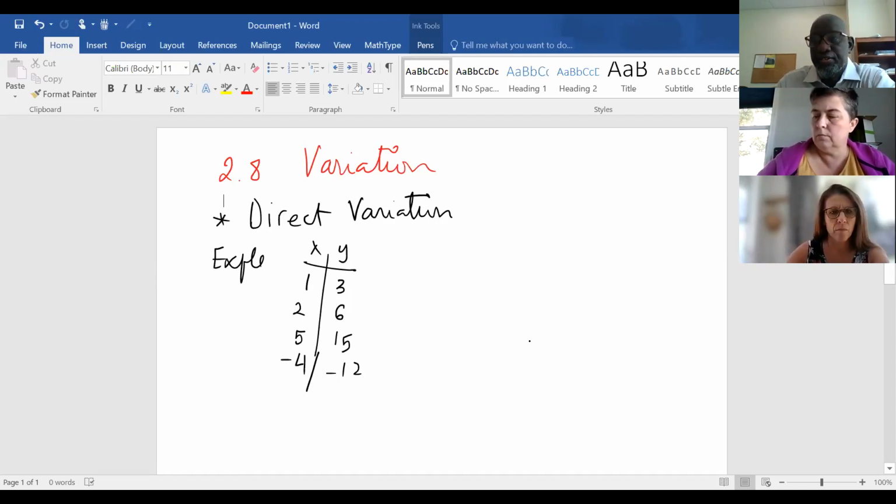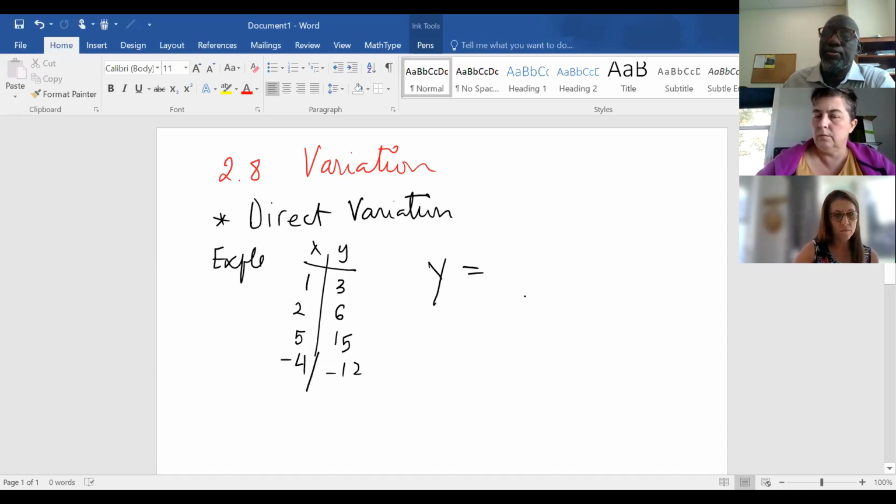As you can see here, when we divide every value of y by every value of x, we get a fixed number, right? When you divide each value of y on the right by each value of x on the left, you get a fixed number. Here you can see clearly the variable y is how many times x.